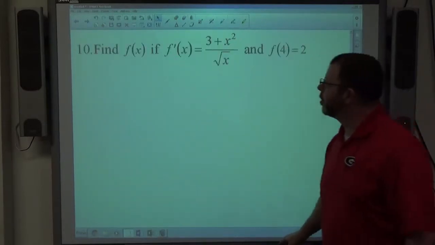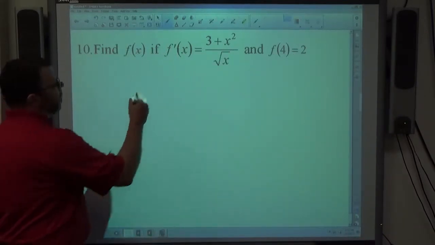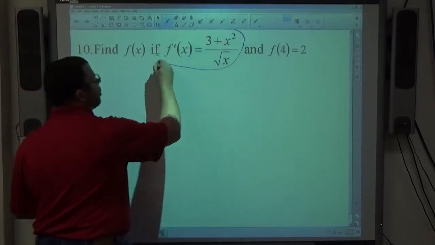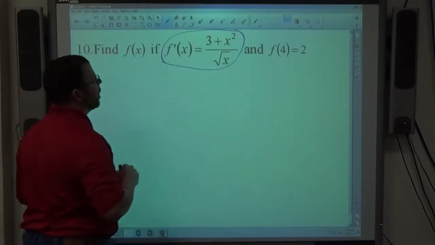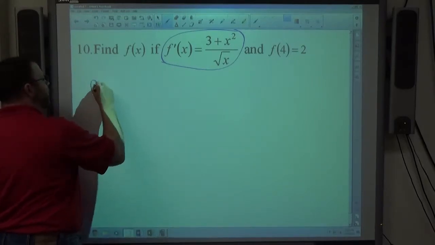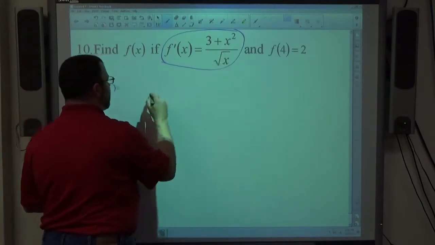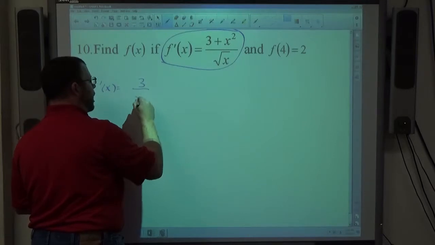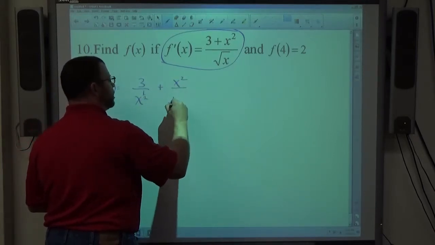Number 10, we're supposed to find f of x given its derivative. First thing I want to notice about this is I don't like the structure of this function we're trying to anti-differentiate because it's not a power function or a simple trig function. So the first thing I would do is rewrite f prime of x. It's multiple objects over 1, so I can put 3 over the square root of x plus x squared over the square root of x.